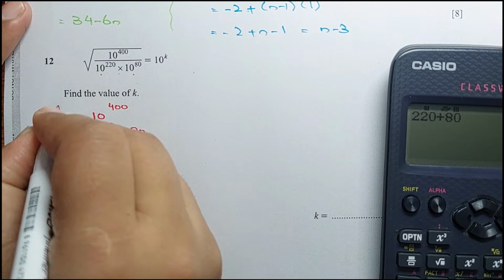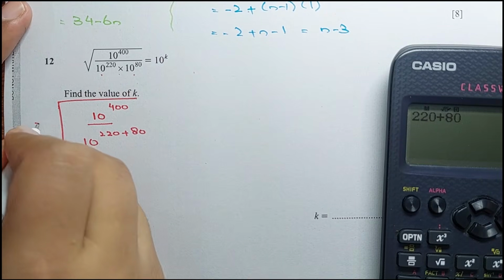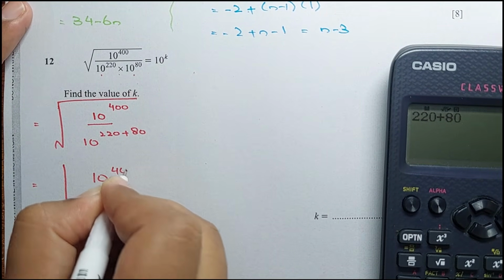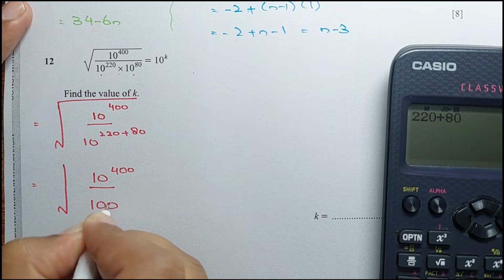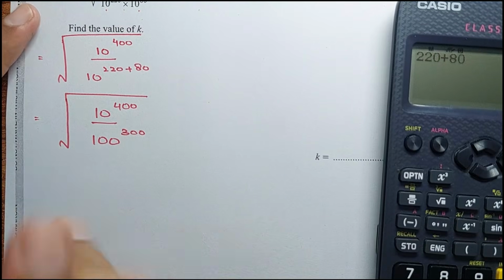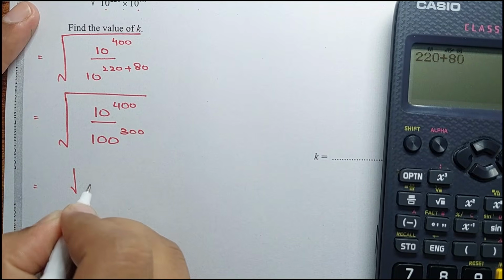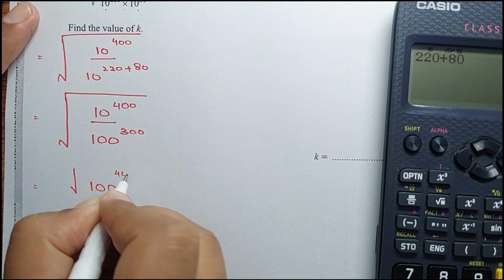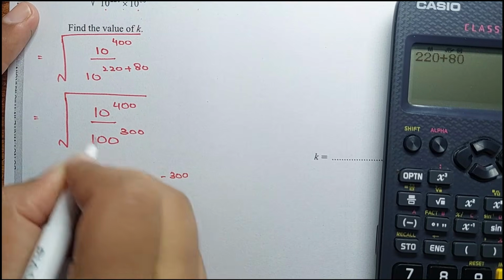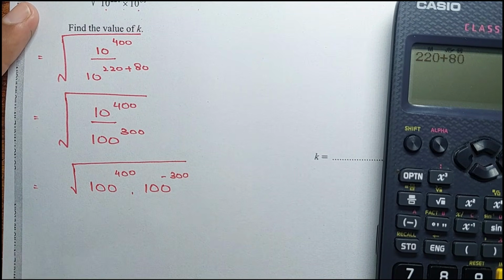This is a square root form, right? Now in the square root, we have 10 to the power 400 over 10 to the power 300. In the next step, we can write the square root of 10 to the power 400, 10 to the power minus 300. Shift this to the numerator.